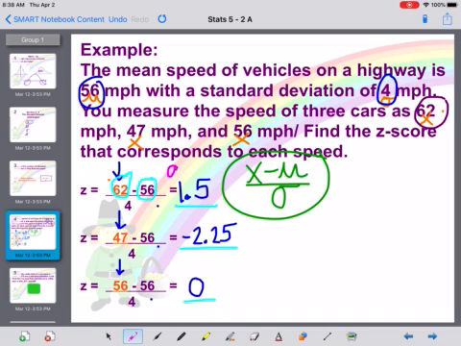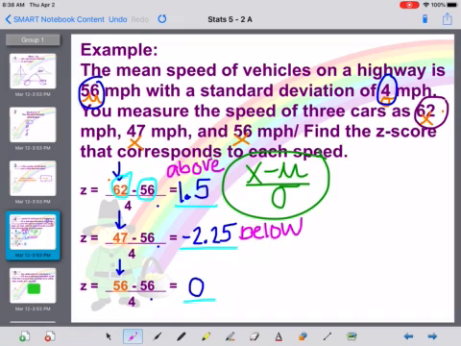So this is above because it's positive. Now the second one, you had a negative value because 47 was smaller than 56, because they were going below average. So they were 2.25 standard deviations below because it was a negative value.